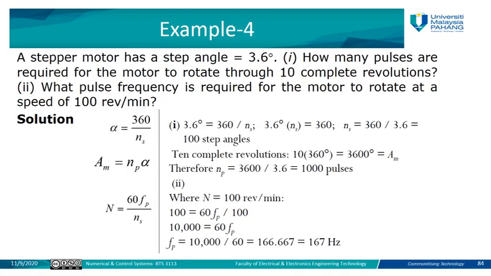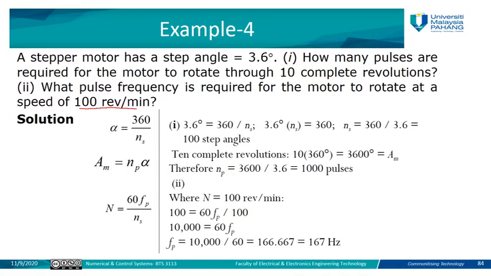That means you have the number of revolutions, which is 10, and the step angle, which is 3.6. Then he asked how many pulses are required for the motor to rotate through the 10 complete revolutions. Then what pulse frequency is required for the motor to rotate at a speed of 100 revolutions per minute?